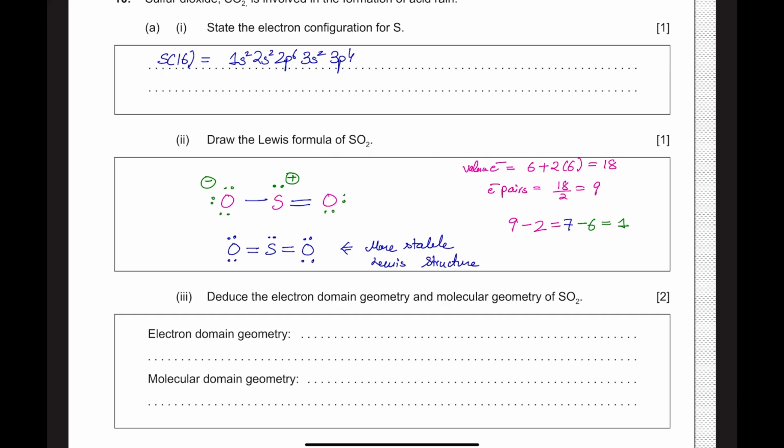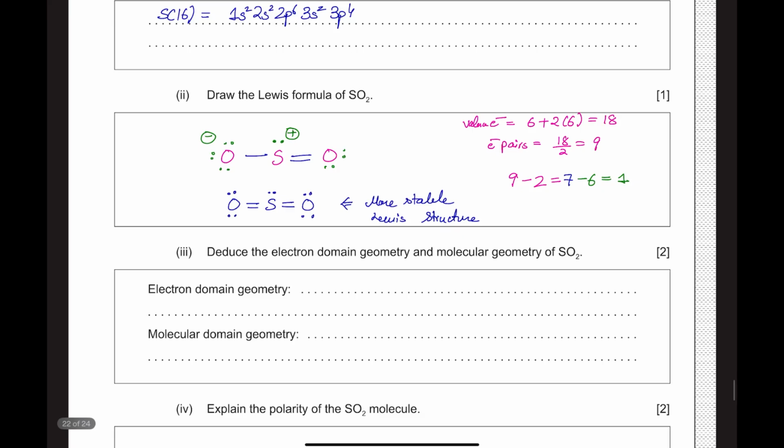Done. Next, we have to deduce the electron domain geometry and molecular geometry of SO2. So you have 3 electron pairs around sulfur. Basically, you have 1 lone pair and 2 bond pairs, right? If you have 3 electron pairs, the electron geometry will always be trigonal planar.